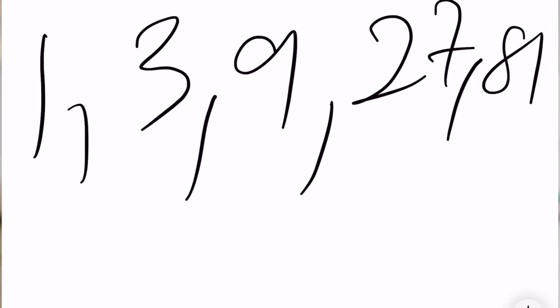Now, for the nth term of a GP, if the first term of a GP is A and the common ratio is R, then the first three terms are as follows.